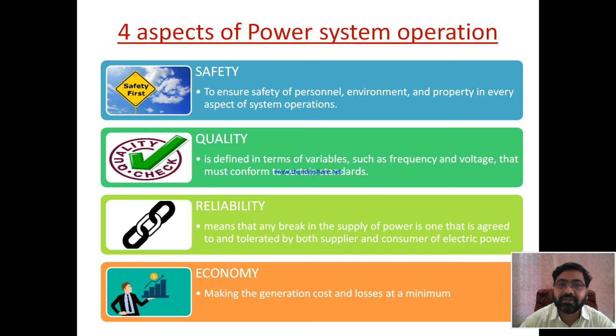Unless the power generation companies offer bids at lower cost, there will be no buyers for them. So making the generation cost a minimum is a very important aspect of power system operation.